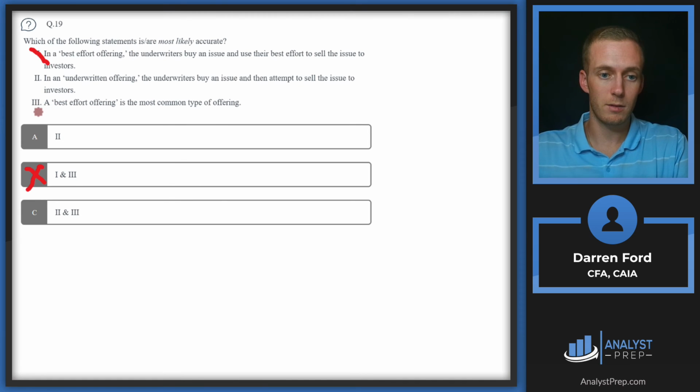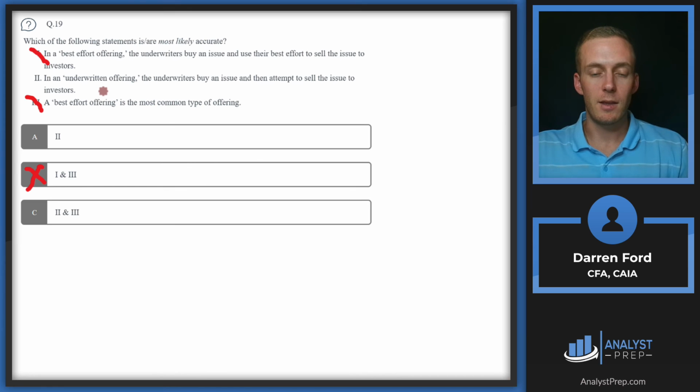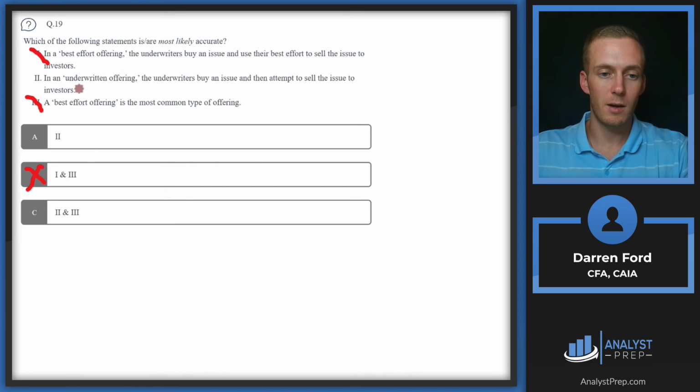A best effort offering is the most common type of offering. That's not going to be true. Underwritten offering is going to be the most common type. And the main reason for that is kind of what we mentioned in statement 2. When companies are wanting to raise capital, they want to know how much capital they're going to get.